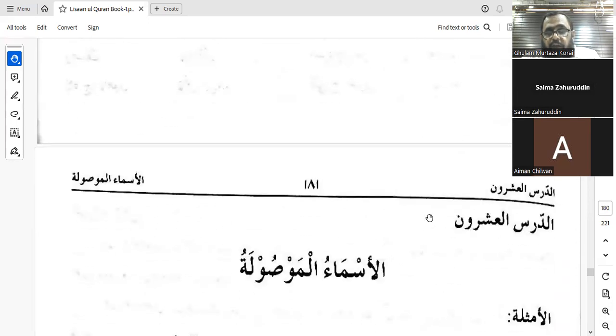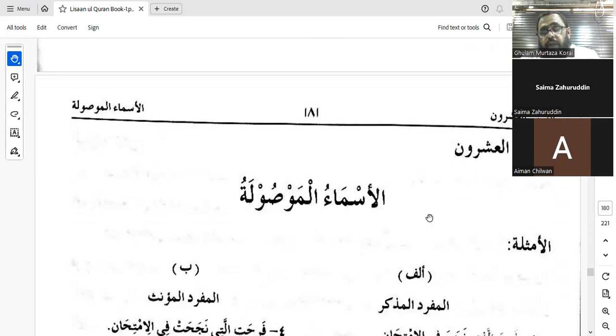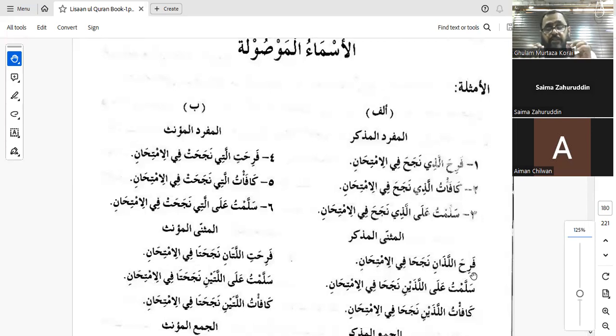Important points are that al-asma'ul mawsulatu, they are what type of ism? Al-ma'rifa. They are particular types of asma. The second point is that al-asma'ul mawsulatu have different forms for mudhakkar and for muannas: mufrad mudhakkar, muthanna mudhakkar and jama mudhakkar, mufrad muannas, muthanna muannas, and jama muannas.